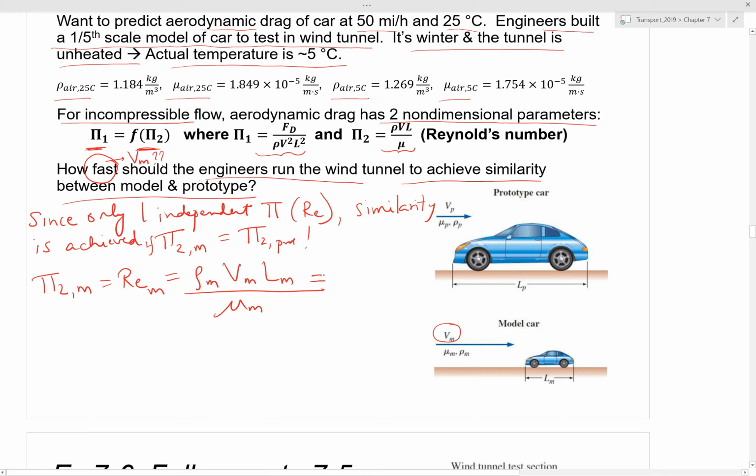This should be equal to pi 2 prototype, which is equal to the Reynolds number of the prototype, equal to rho p Vp Lp divided by mu p.